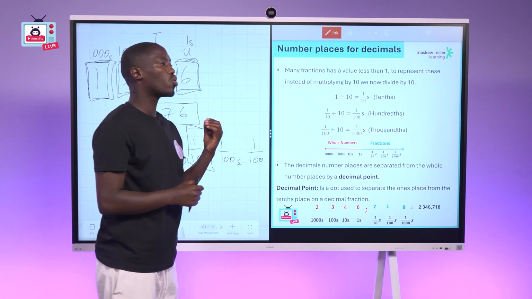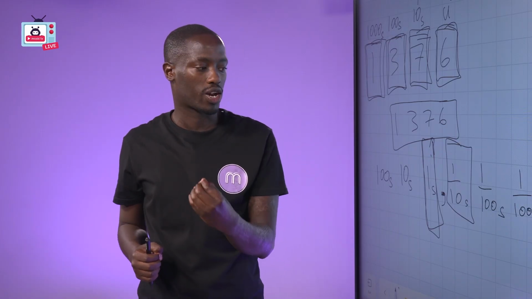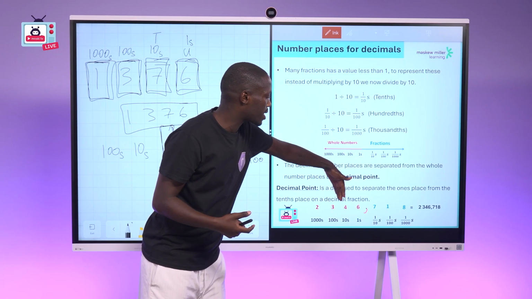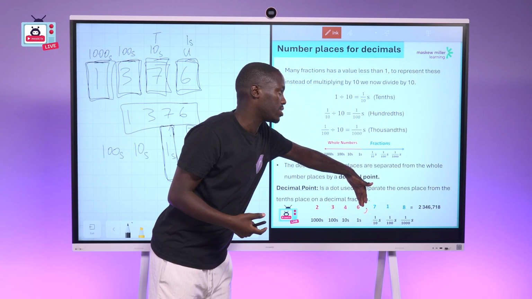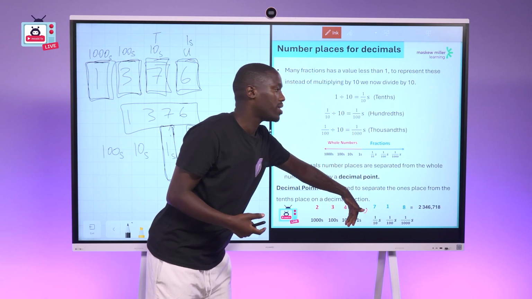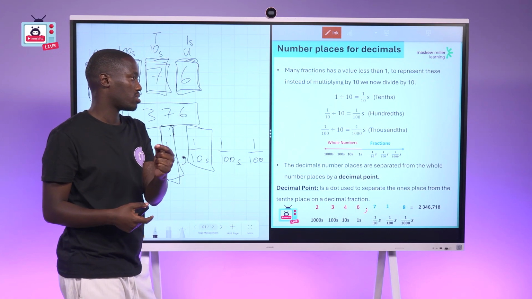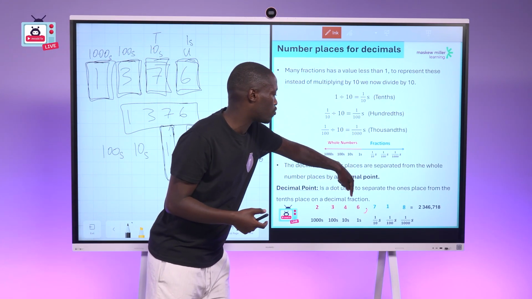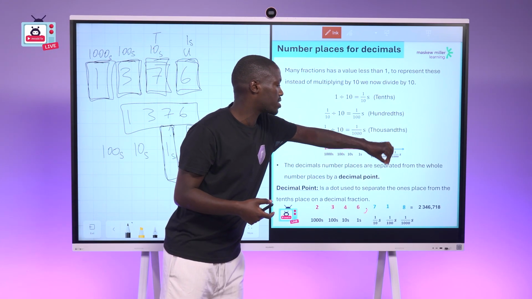And then how do you read decimal fractions? The whole numbers part, you are reading it in the same way you've been reading it, which is 2,346, comma. Now instead of saying point, now we are saying comma. You won't say 2,346,718.